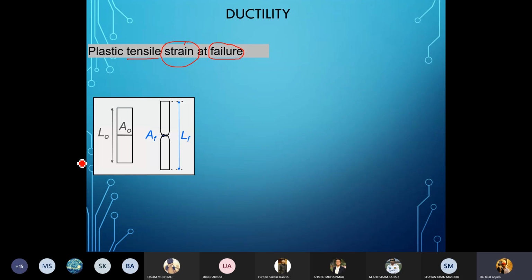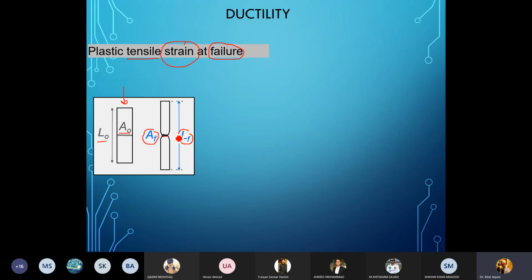If I have this tensile sample, initially the area is A naught and the length is L naught. If I apply tensile load onto this material, the final length at fracture is this total length. The length has increased, and the final cross-sectional area is this. The cross-sectional area has reduced.